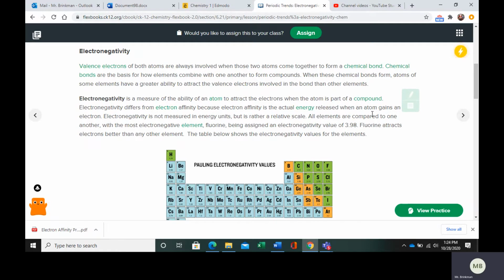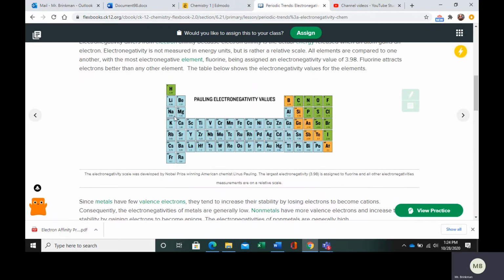So all the elements are compared to each other, and the most electronegative element, fluorine, has the highest electronegativity value of 3.98. So fluorine is the element that attracts electrons the best.